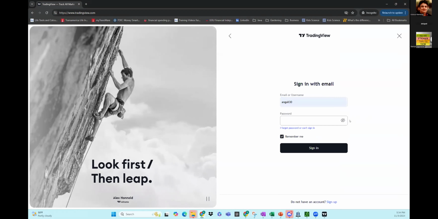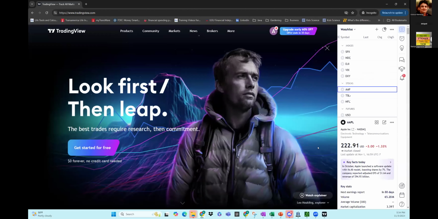Yeah, you can enter your password here. Oh my, I don't remember. Okay, if I remember.